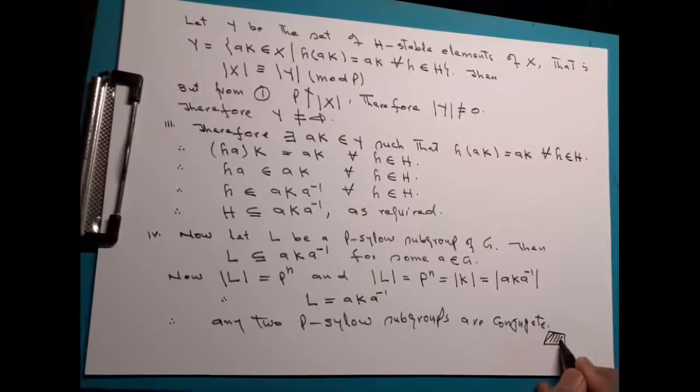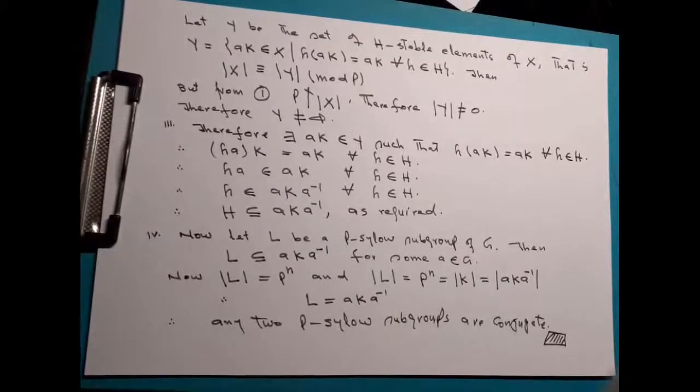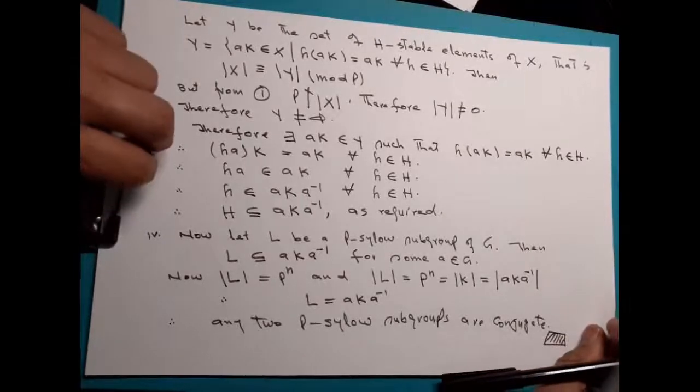We have proved that if K is a p-Sylow subgroup and H is a subgroup whose order is a power of that prime p, then H is contained in aKa inverse, and if we are given two p-Sylow subgroups, then they are conjugate to each other. So this was the proof of the second Sylow theorem.